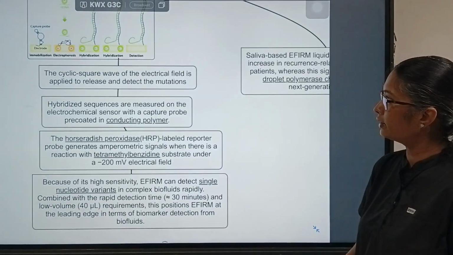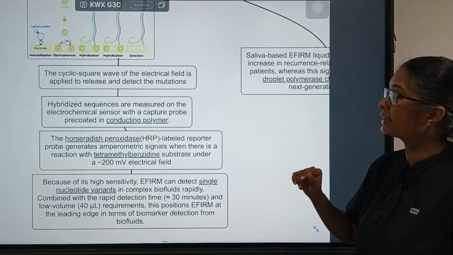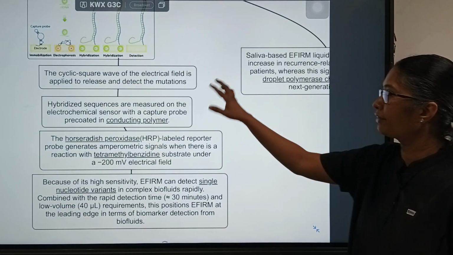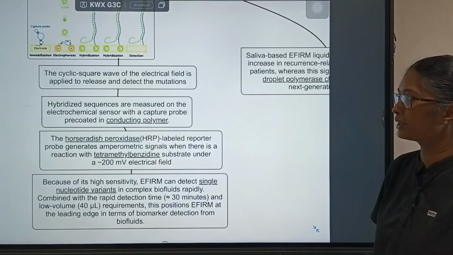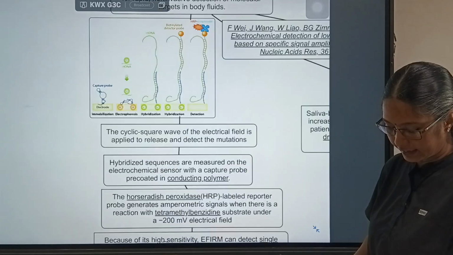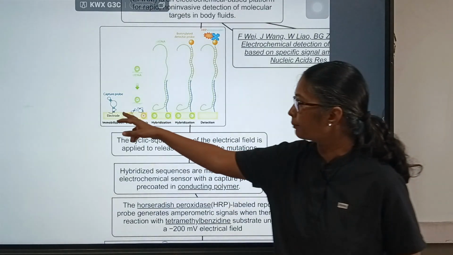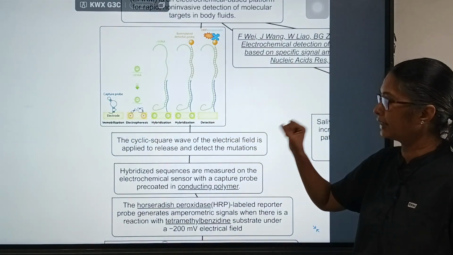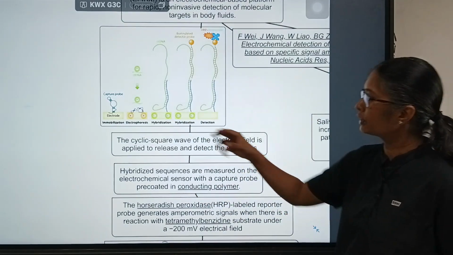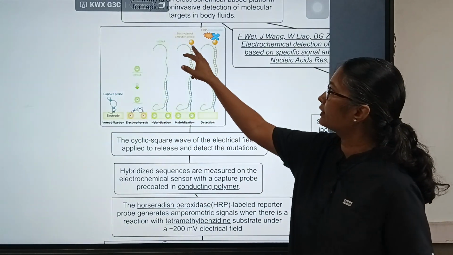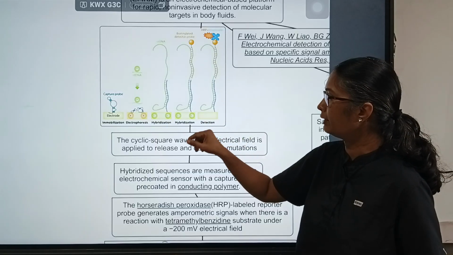So here there is a cyclic square wave of electric field. The electric field is in the form of a cyclic square, which is applied to release and detect the mutations. Here what happens, first there is an electrode which has the capture probe. So always during a test, or even for ELISA, we need something to capture and something to report. So here also there is a capture probe and there is a detector probe. These two are already present there.